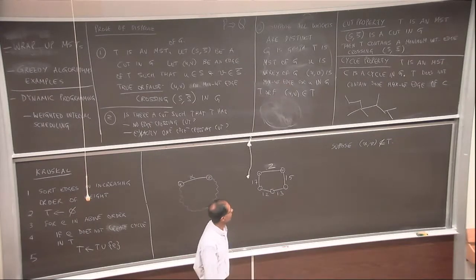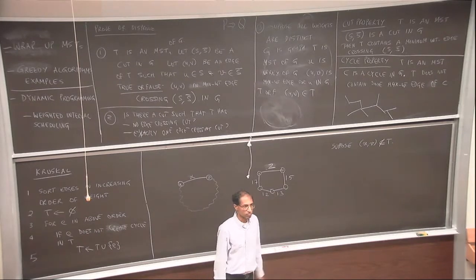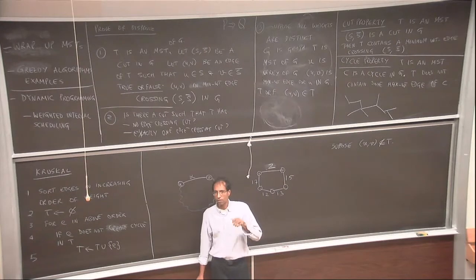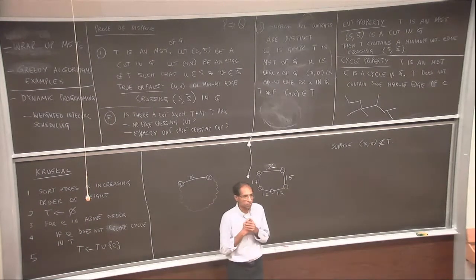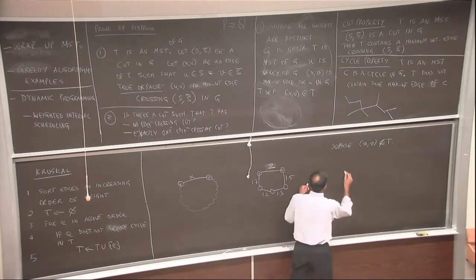Okay? And UV is what? UV is the minimum weight edge. Notice that all the weights are distinct, so there is exactly one minimum weight edge adjacent to U. Okay? It's not necessarily the minimum weight edge of the whole graph. All we know is it's the minimum weight edge among all edges that are connected to U. Okay, so I give you this tree.